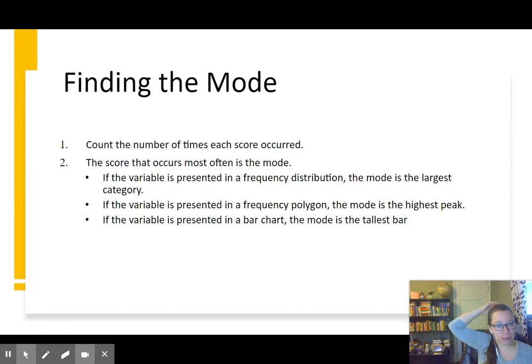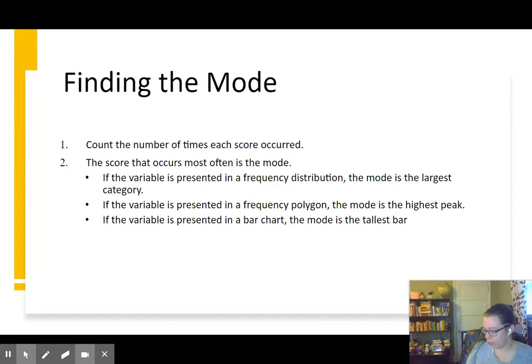If the variable is presented in a frequency distribution, then the mode is the largest category. If the variable is presented in a frequency polygon, which we'll talk about later, the mode is the highest peak. And if the variable is presented in a bar chart, the mode is the tallest bar. Bar charts often make sense for figuring out the mode.